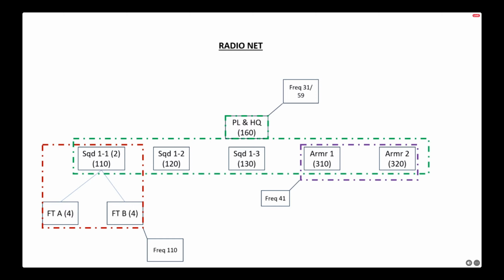It makes sense to have armor completely separated and not in connection with 1-1-1 to 1-3 unless there is an armor requirement. That depends on how the armor is being utilized. If you have the armor co-located with the platoon and moving with the platoon, then the armor needs to be on the platoon net to understand what is going on as a platoon.